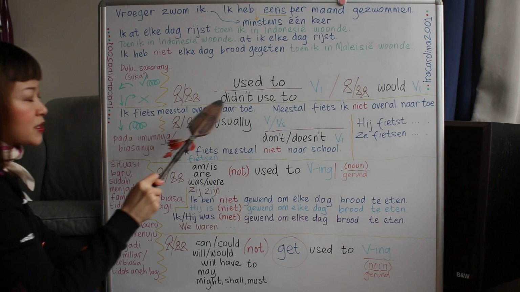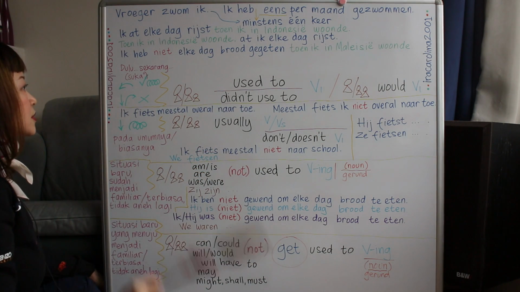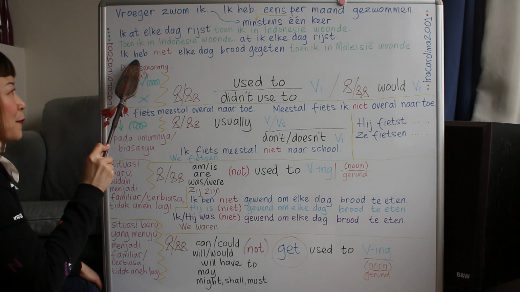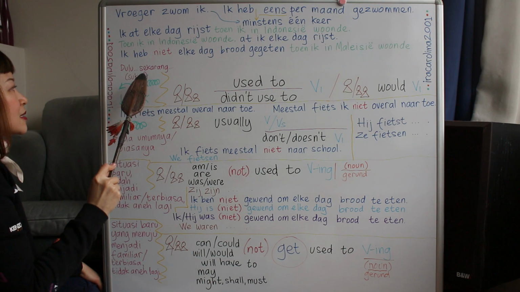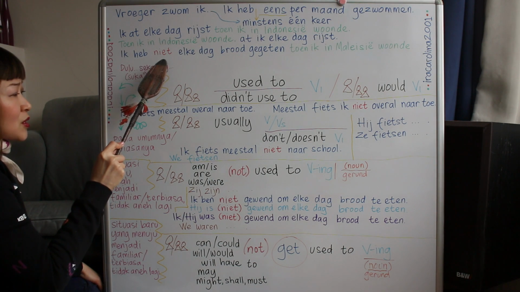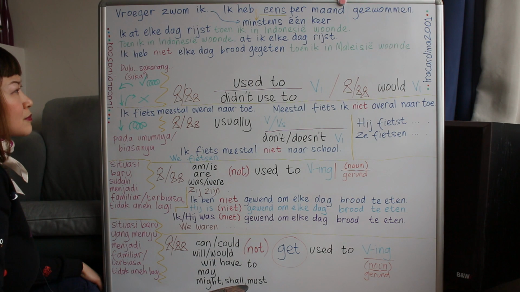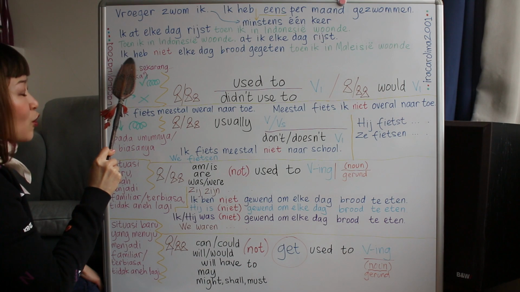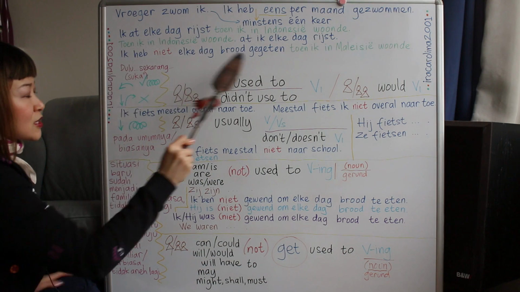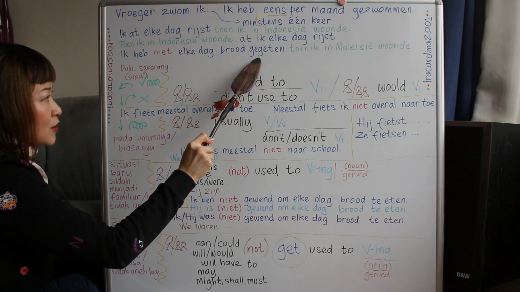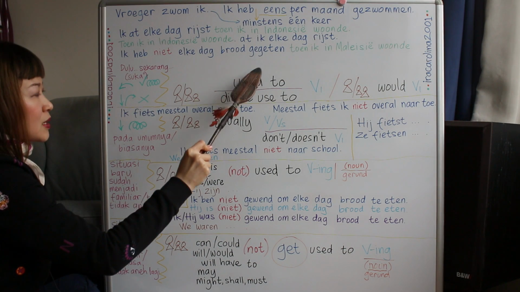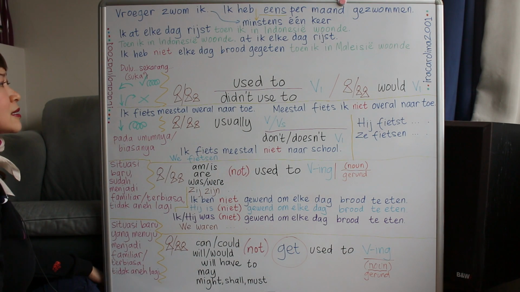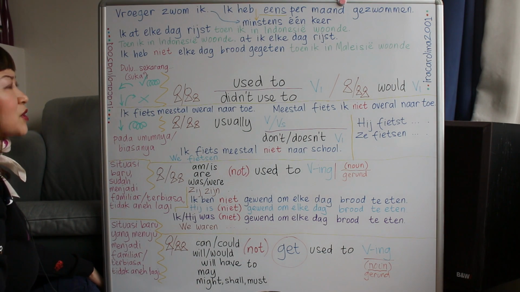If you want to say didn't used to, this is the example. Ik heb niet, I have not. As we can see, after the have or have in English, in Dutch, the word of the verb, we use the ge verb. It becomes gegeten. Have eaten.